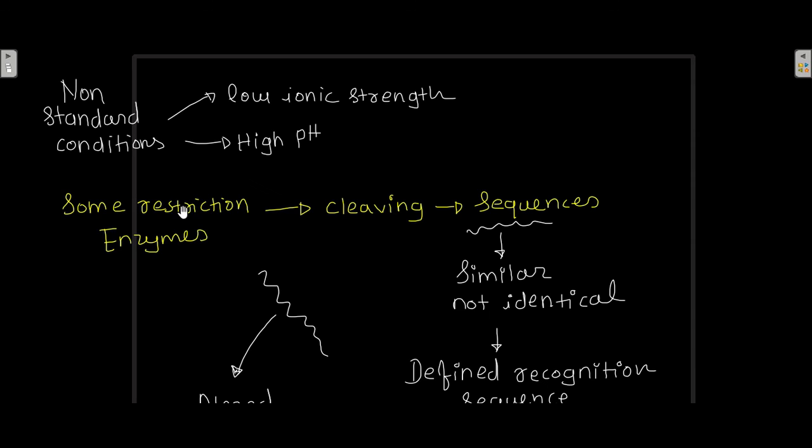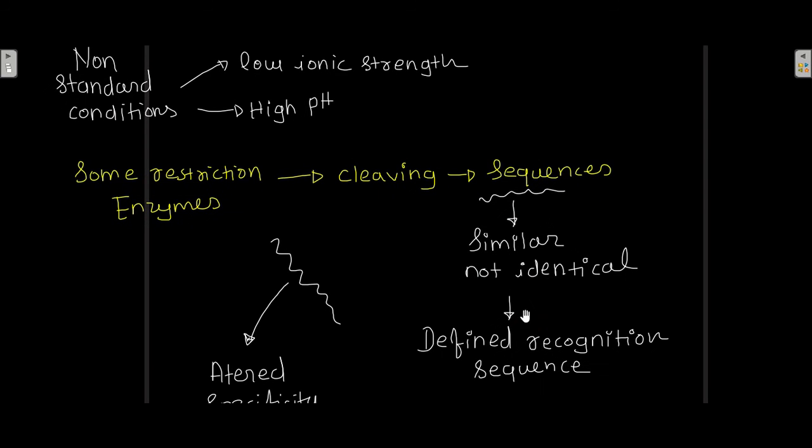Now in non-standard conditions such as low ionic strength or high pH, there are some restriction enzymes which cleave a particular sequence which is similar but not identical to the defined recognition sequence. Each and every restriction enzyme cuts on the defined recognition sequence, correct?